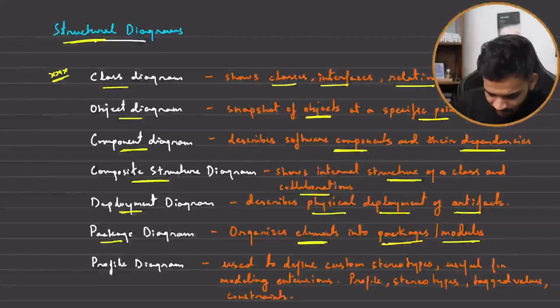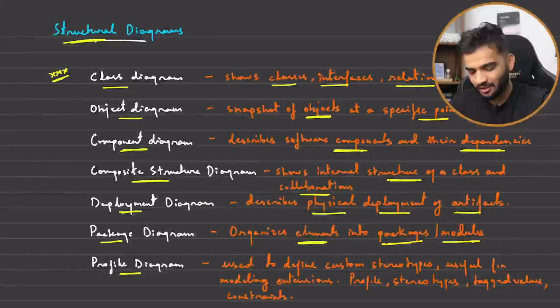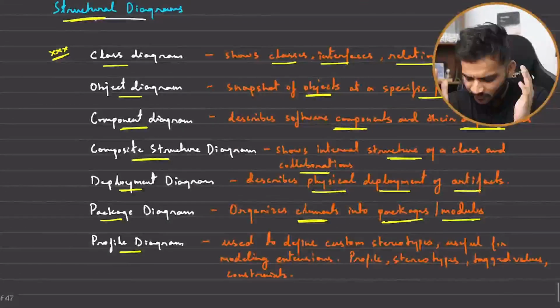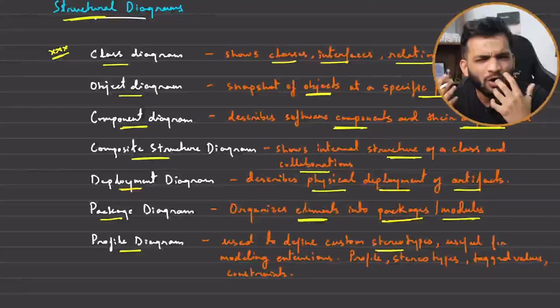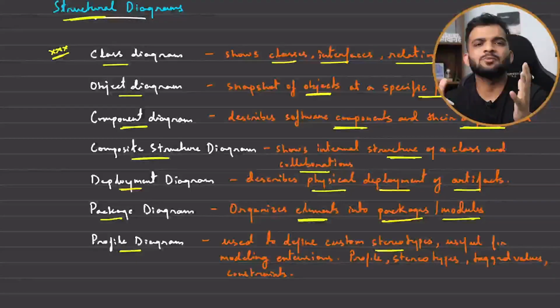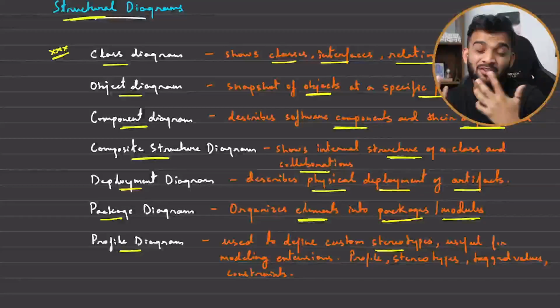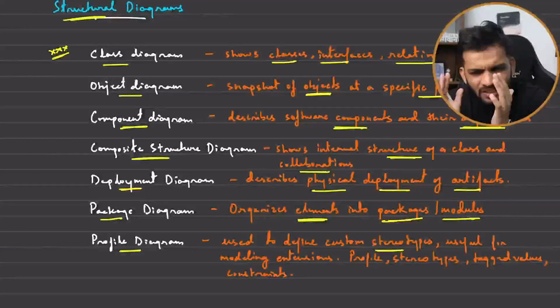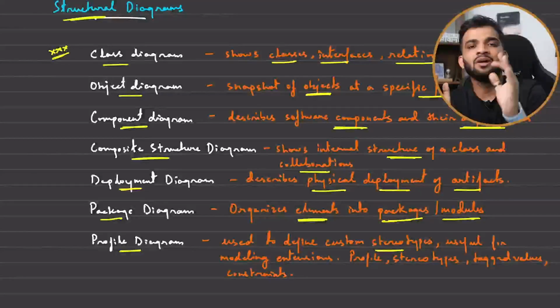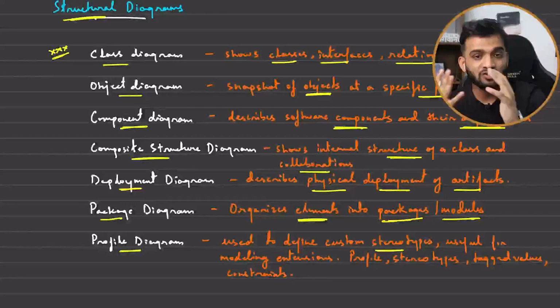And the last one is the profile diagram. Now this is used to define custom stereotypes. Like a lot of times we say that this is my data repository. We have 3 classes that define the data repository layer. That means these 3 classes are responsible for the data transaction.